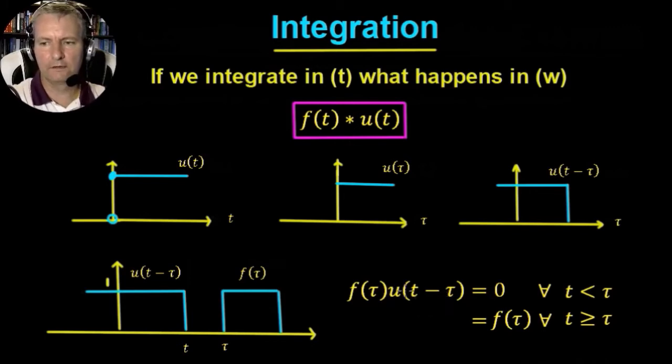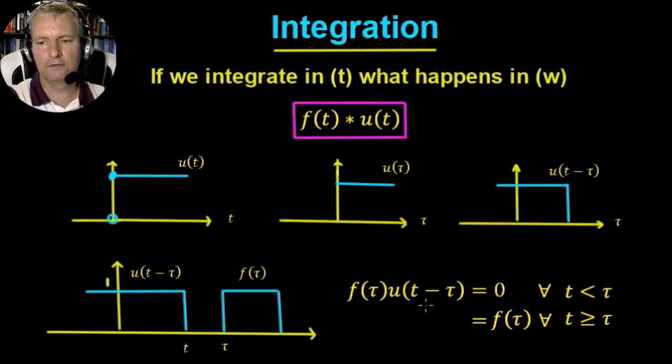Now we can see here that for the moment that's going to equal 0 for all values of t less than tau. So as long as this value t here is less than this value tau here, then this little wave here, the unit step, has not crossed over and impinged on this f of t.